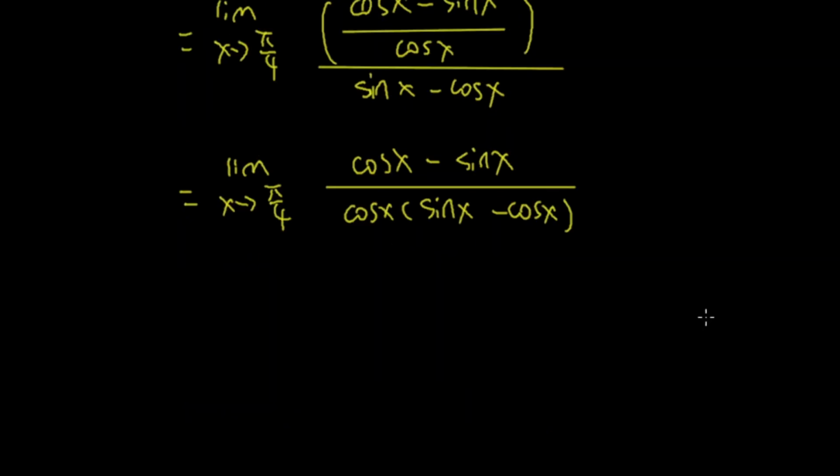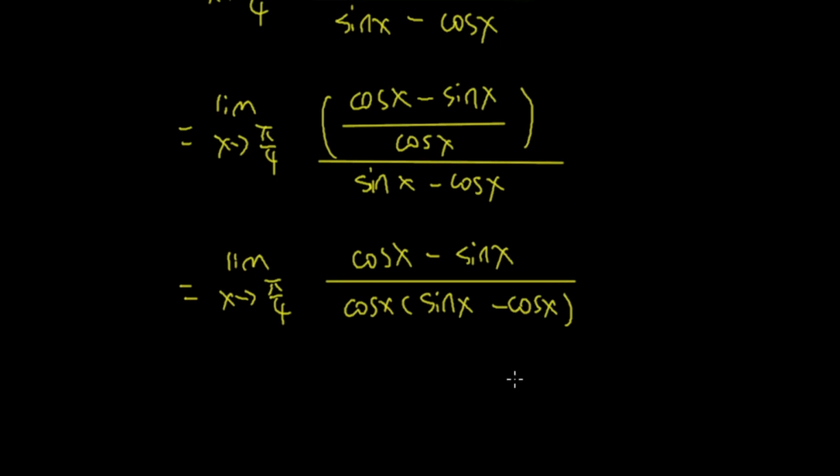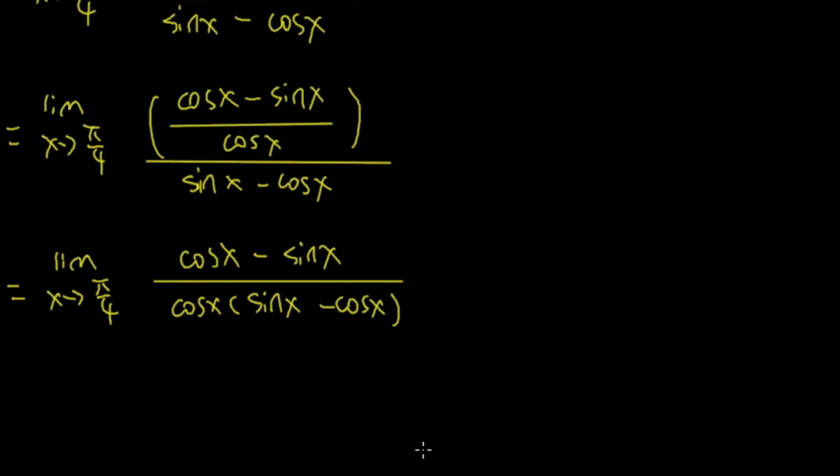Okay, what can you do from here? Notice that cosine x minus sine x and sine x minus cosine x here. What's the relationship between these two? Okay, think about that. Cosine x minus sine x is just negative sine x minus cosine of x.